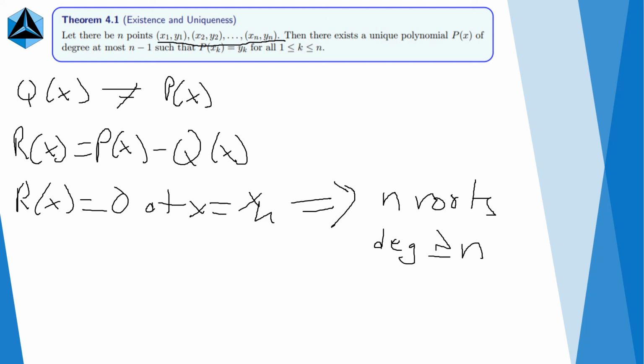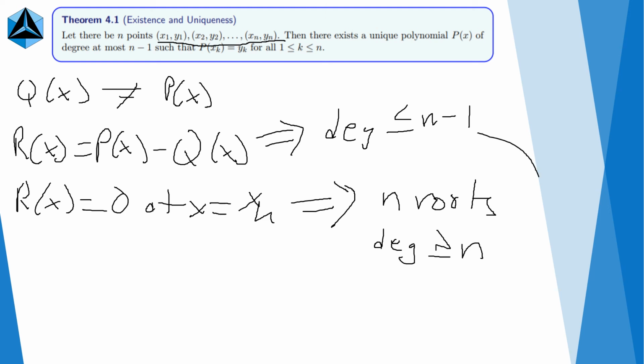The only issue is that when we subtracted these, we're only subtracting them, not multiplying them or anything. That means the degree of r of x has to be less than or equal to n minus 1, because we know that both q of x and p of x have a degree less than or equal to n minus 1.